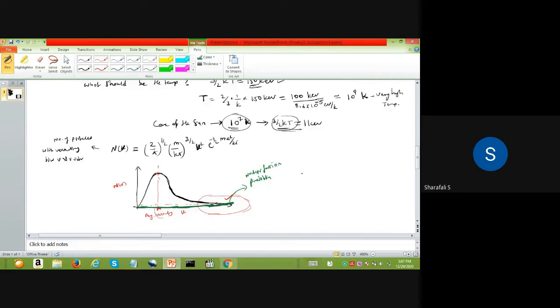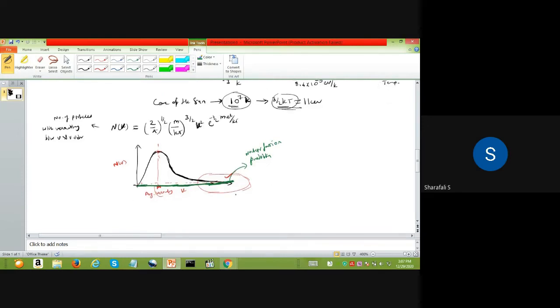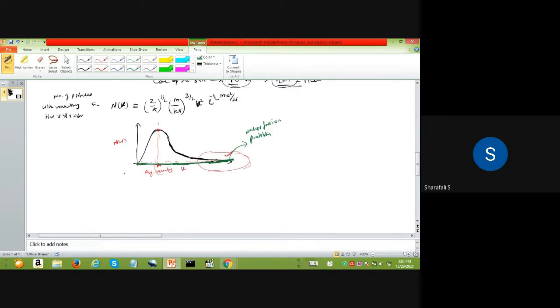So that is about nuclear fusion happening in the sun, but it also depends on the density. We also have to consider that. The reaction rate of nuclear fusion depends on the concentration or density.